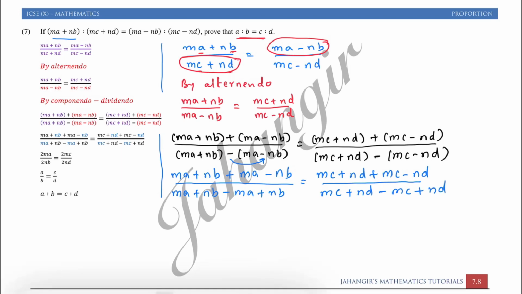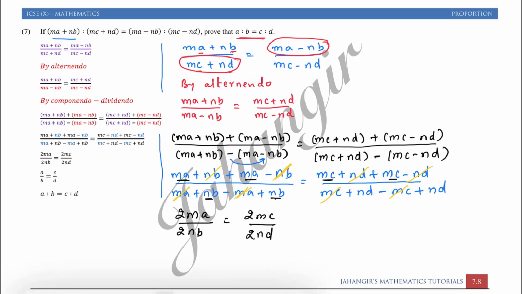If you see, these terms will get cancelled: NB and NB will get cancelled, MA and MA will get cancelled. Here I can cancel ND, ND, MC, MC because they have opposite signs. Plus minus sign gets cancelled. Whatever is left, just write it down. MA plus MA is 2MA, NB plus NB is 2NB, which is equal to 2MC upon 2ND.